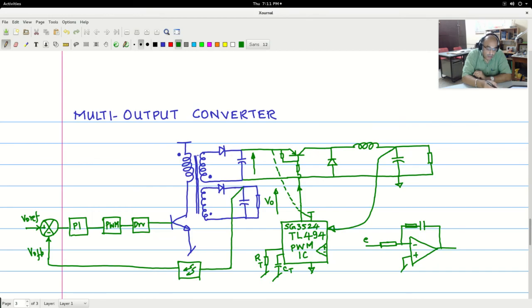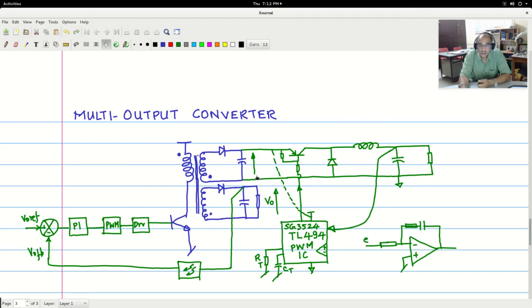Now this PWM IC, the ground is referred to this output itself, which is also same as that of the input to this buck regulator, and the output of the PWM is directly controlling the switch, and you are feeding the sensed output in here.